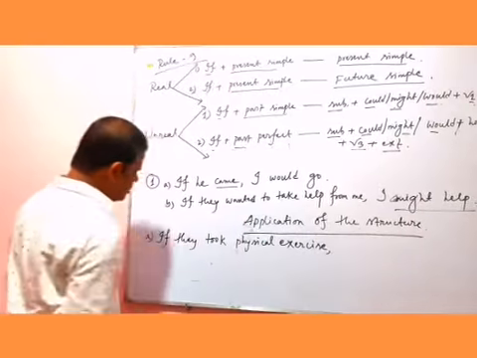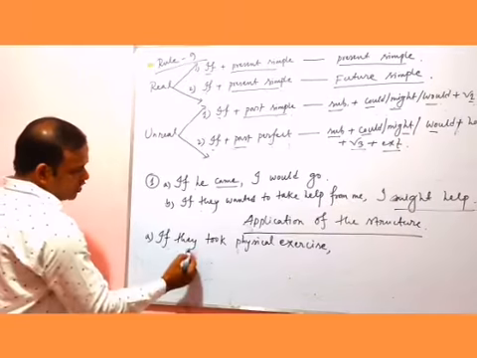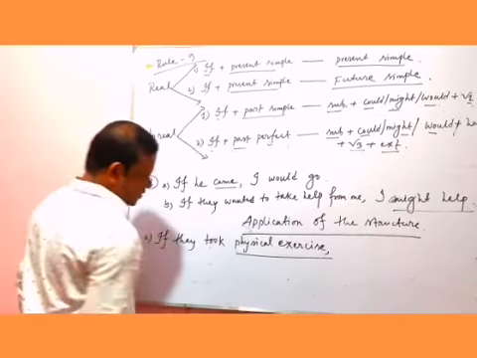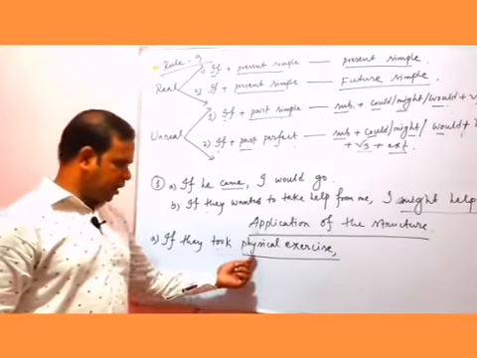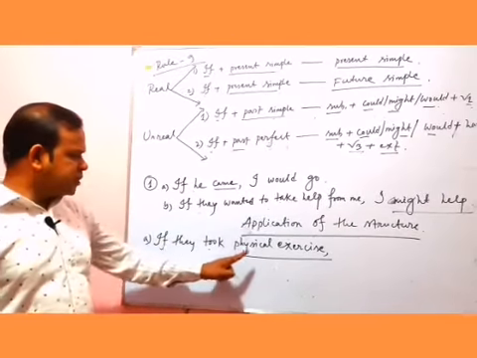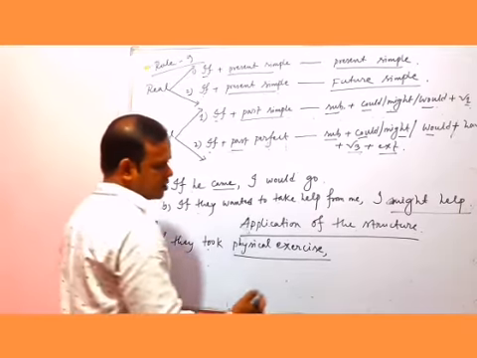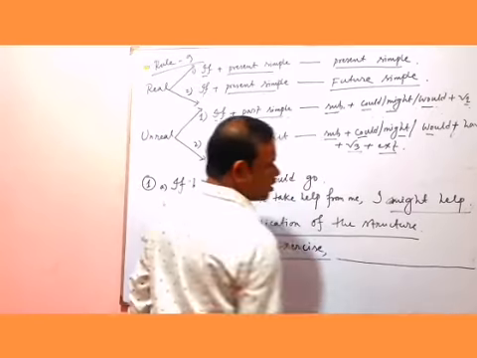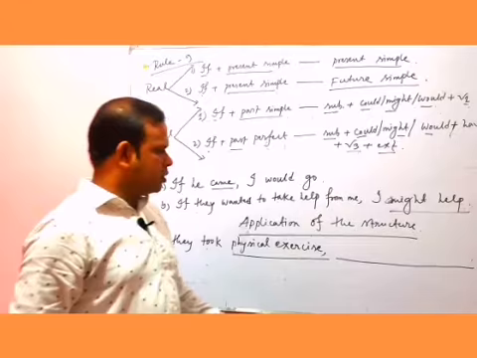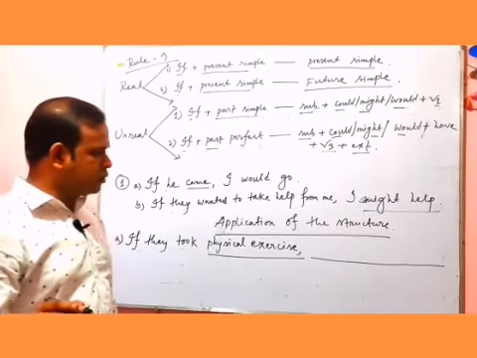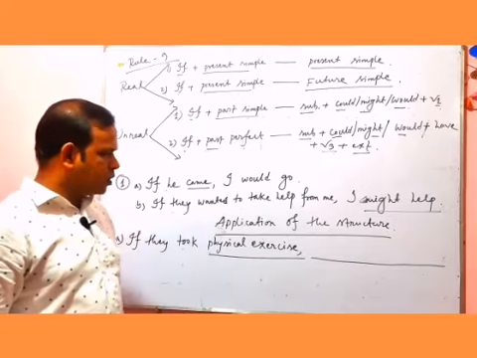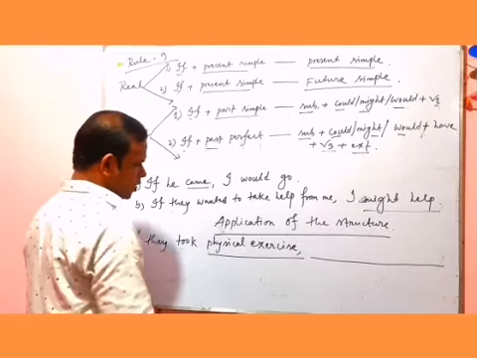Application of the structure. If they took physical exercise, here a condition is applied. My dear students, what will be the next part? Of course you can guess; think yourself and check your answer with me.